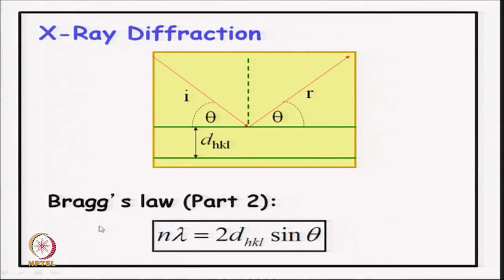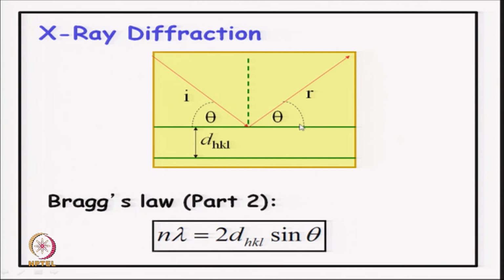So, the second part of Bragg's law connects the incoming wavelength lambda, which is the wavelength of the incoming X-ray, n, which is a number, the order of diffraction, d_hkl, the interplanar spacing, and theta, the angle with the plane.